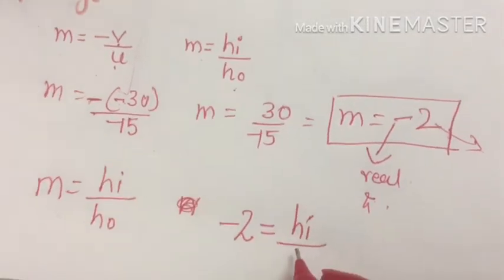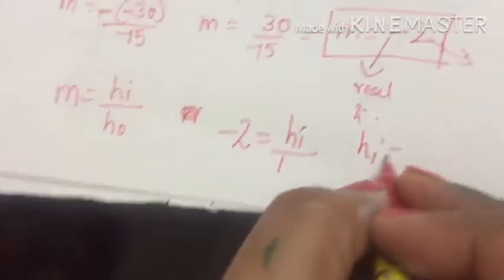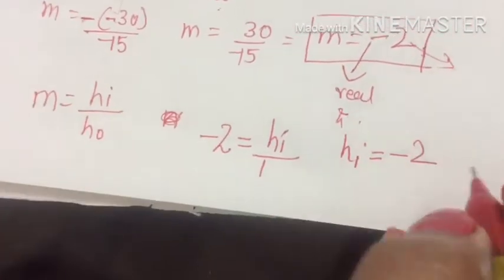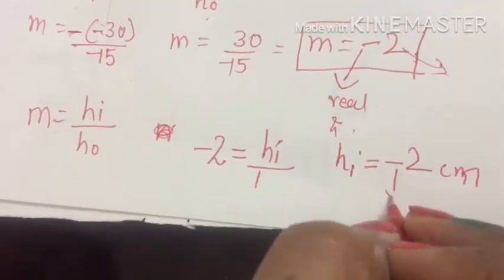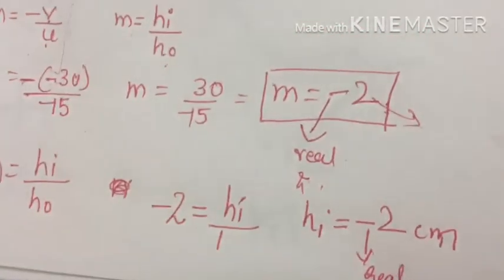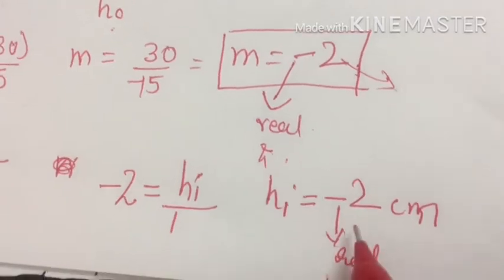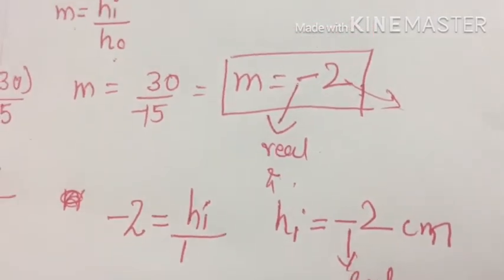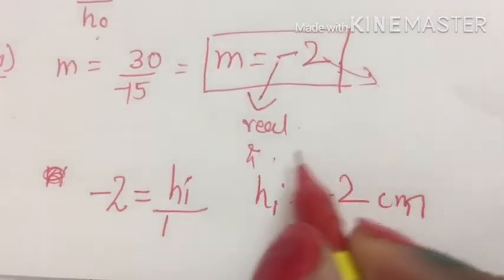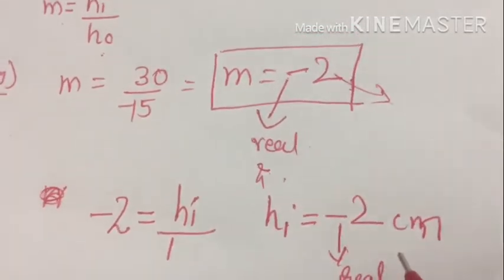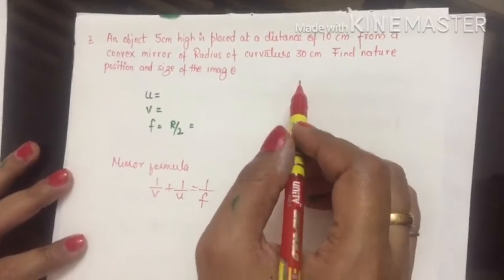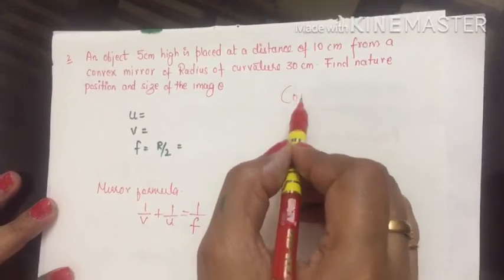Height of the object given in the question is 1. So height of the image comes out to be minus 2 centimeter. This minus is again indicating that the image is real and inverted. The image will be formed below the principal axis and it will be twice the height of the object. So next numerical will be on convex mirror.